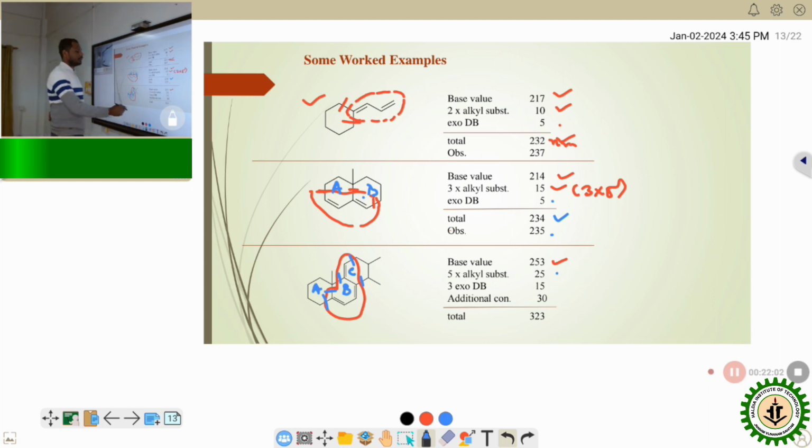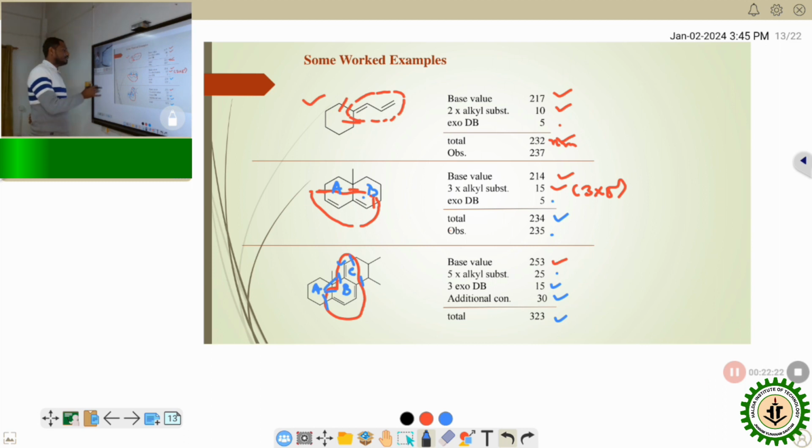So three exocyclic double bonds are present, and we add 15. Now, if we consider this is a homoannular diene system, then this double bond is extended conjugation. For extended conjugation, you add plus 30, and the total value is 323.